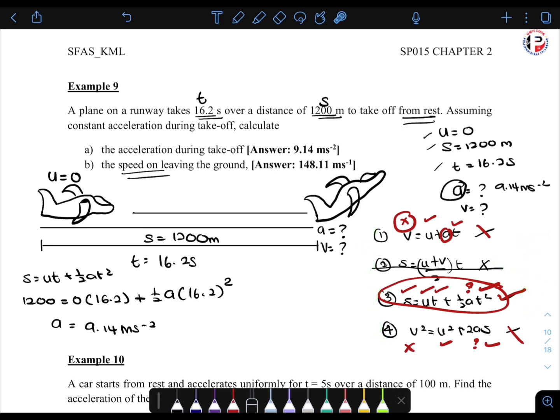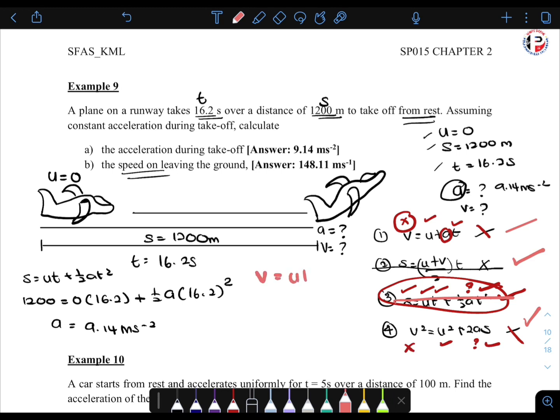So you can actually use any of these equations. Yang penting mana-mana equation yang kita pilih kena ada term V, because that is what you're looking for. Equation 1 boleh guna sebab ada V, equation 2 boleh guna sebab ada V, equation 3 tak boleh guna, equation 4 boleh guna. You can choose apa je yang kamu nak.